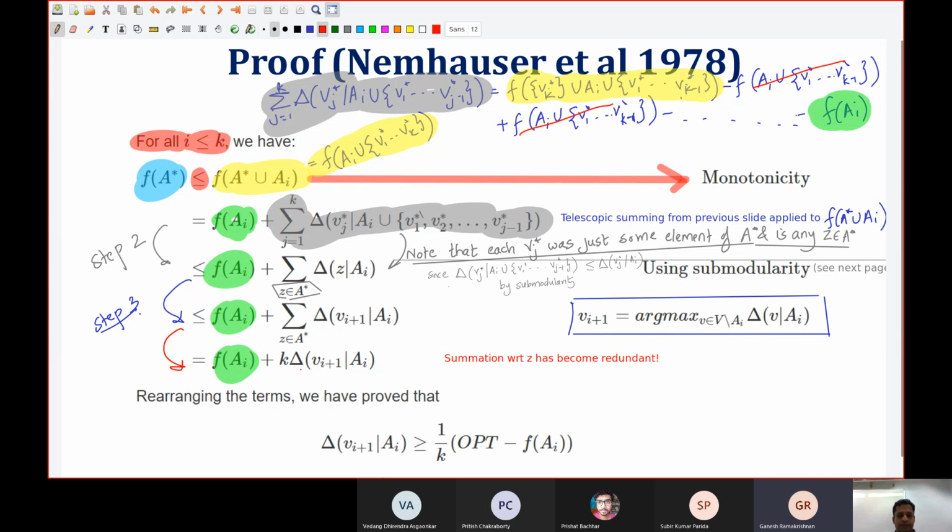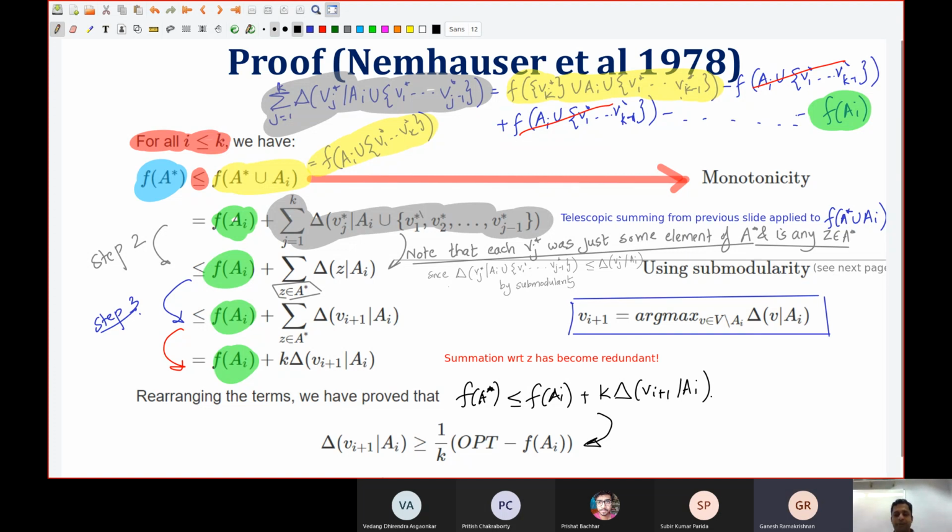That's it. So now after this, we just rearrange the terms. We take the delta to the right hand side. So after all of these steps we have f of A star being less than or equal to f of AI plus K times delta of Vi plus 1 given AI. And now you just rearrange it further.